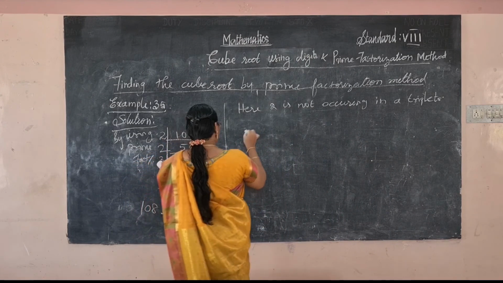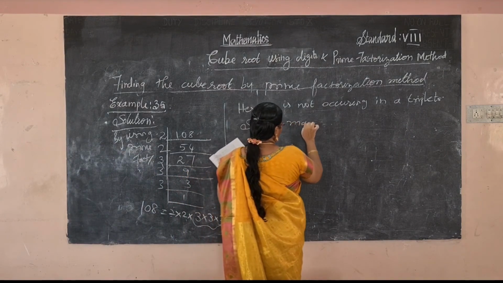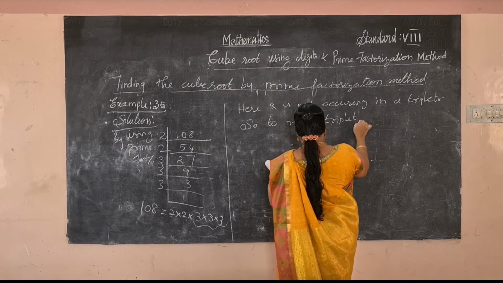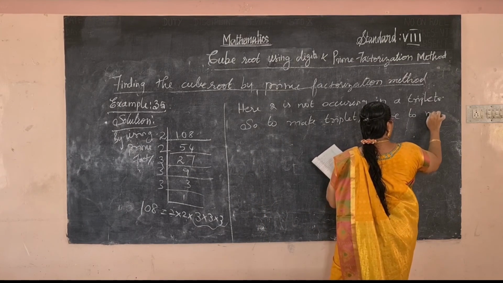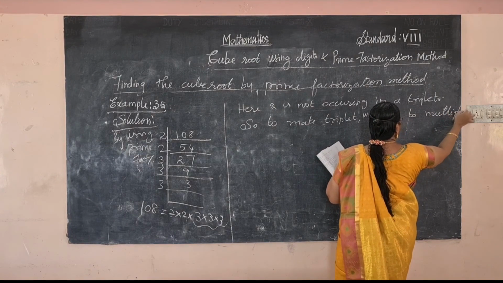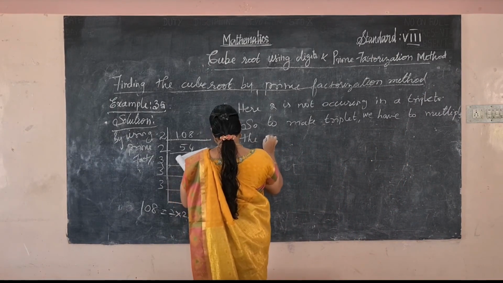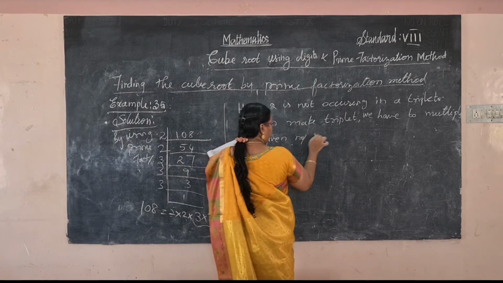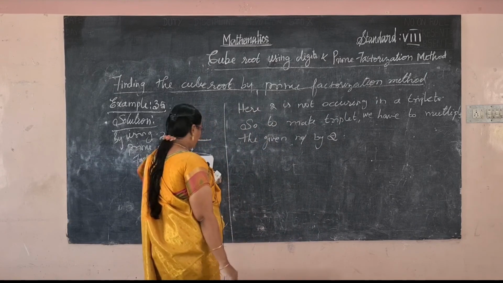So to make a triplet, we have to multiply the number by 2. Then we get the perfect cube.